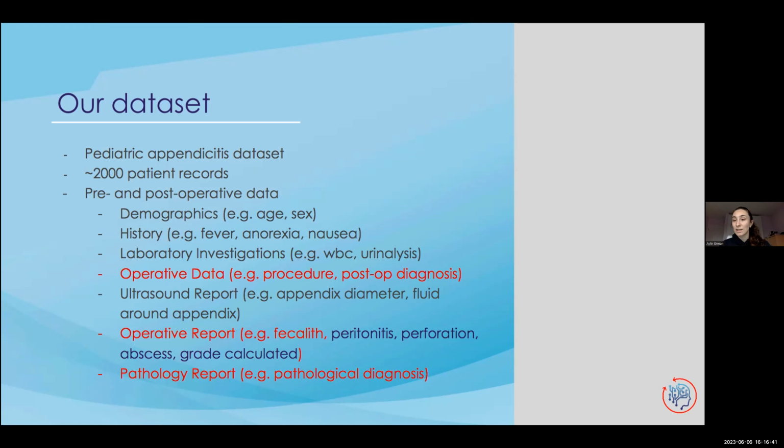We're doing this with the exception of peritonitis, perforation, and abscess, because these three things are going to be our Y values, what we're trying to predict. Once we have predicted each one individually, we can then use them to calculate the final grade of appendicitis, which is what we're interested in.